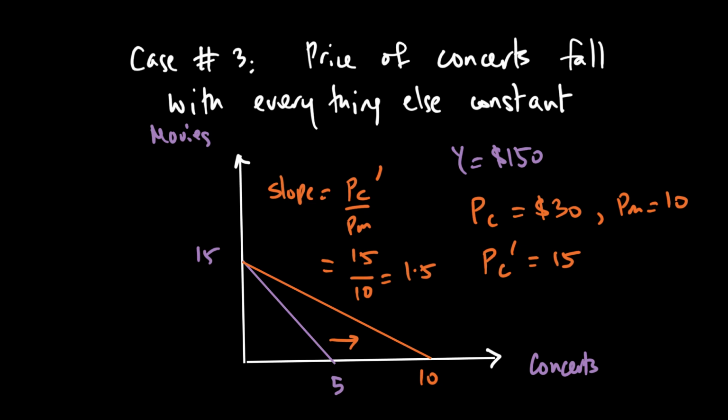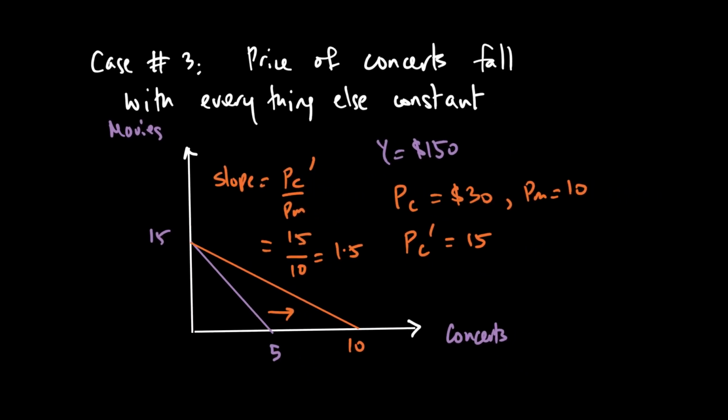Because now concerts have become cheaper, my opportunity cost has changed. Now for every one concert I only sacrifice 1.5 movies, but previously for every one concert I was sacrificing 3 movies. So when the price of only one good goes down, the budget line will pivotally shift outward, where I can buy more of one good in this case. Now what happens to our real income?